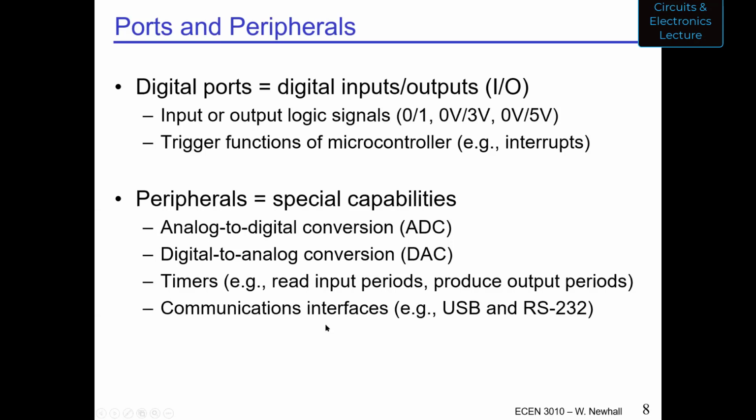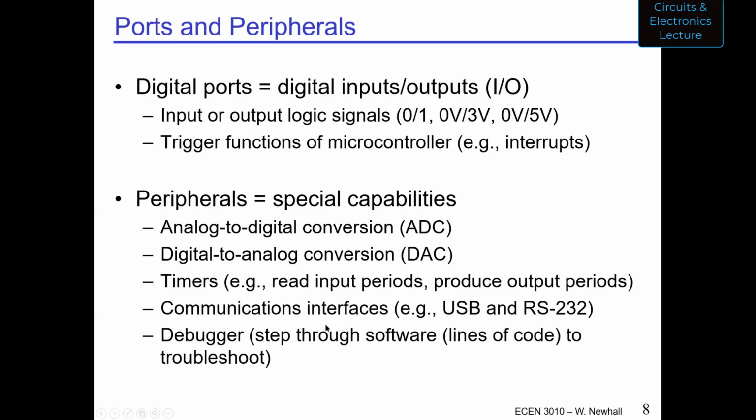And then communications interfaces can be implemented with peripherals, like serial communications between controllers. I mentioned you could create an infrared light pulse stream that would communicate data. You might do that with some kind of serial peripheral communications device inside the microcontroller.